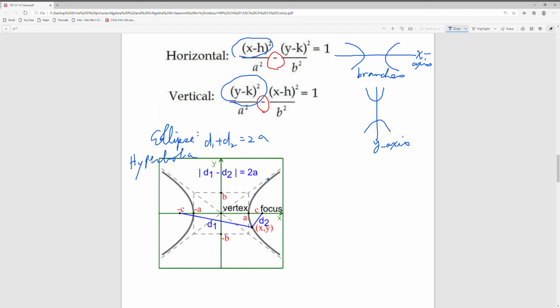Now, there's one more thing that's more complicated for the hyperbola, which is how you graph it. Some students graph this. Wow, that's not right, because the hyperbola is supposed to follow the asymptotes.